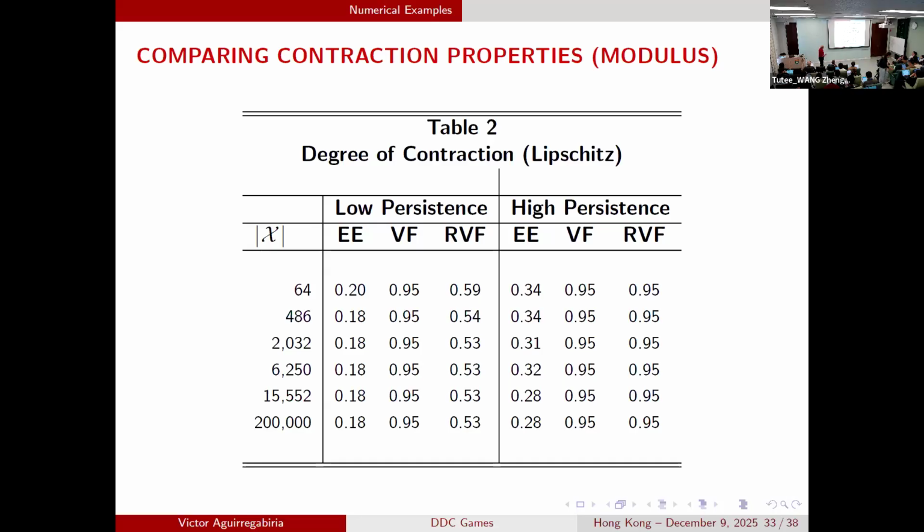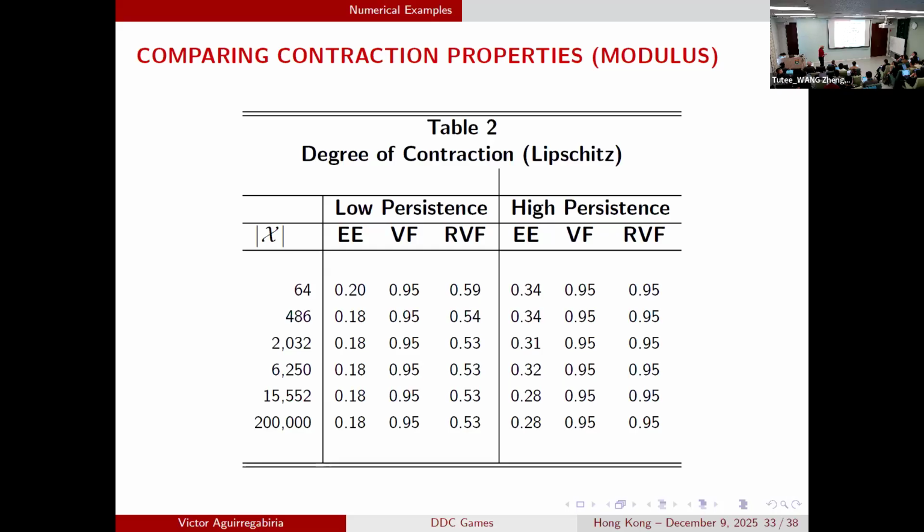The 0.95. The Euler equation has a much smaller contraction modulus, the Lipschitz constant, and it's not so different for the low persistent and the high persistent.